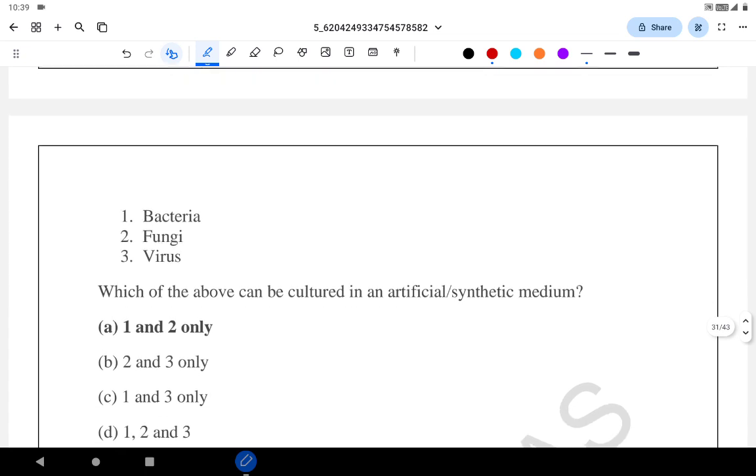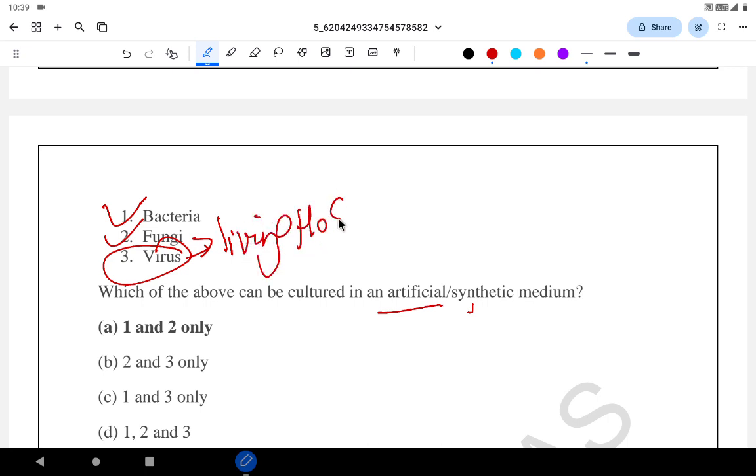Fungus, bacteria and virus: which one of the following can be cultured in artificial or synthetic medium? The correct answer to this question is bacteria and fungi. See, the virus cannot be cultured in artificial or synthetic medium because a virus requires, understand the word, a living host for it to be cultured.